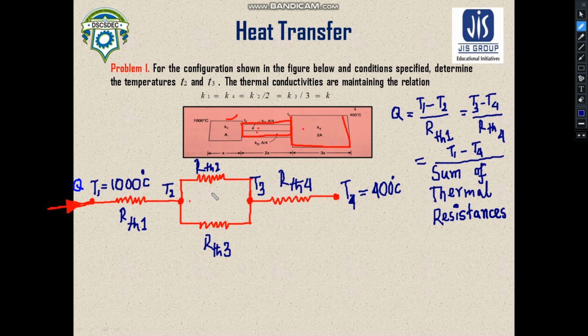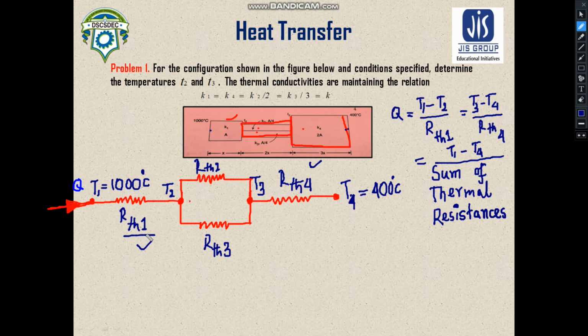These two resistances are in parallel, so if we find their equivalent resistance, then it is in series with the others.